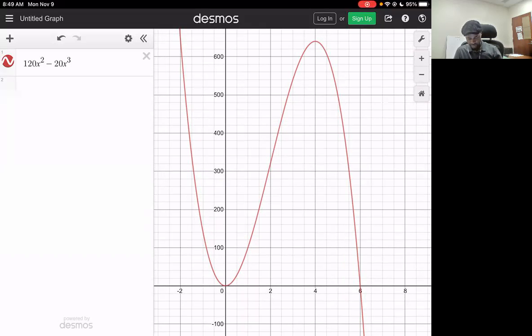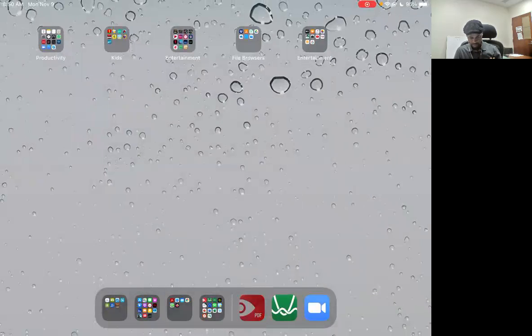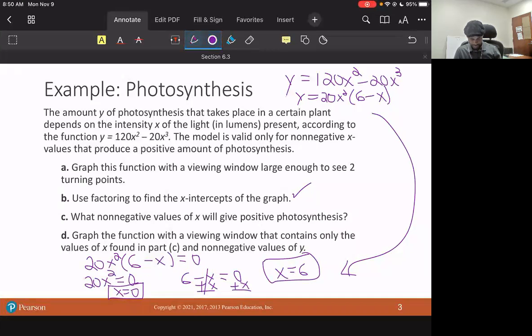If I click on this graph, there's one of my x-intercepts, (0, 0). My second x-intercept, (6, 0). My max value, (4, 640). So now go back. We have our graph, and it says non-negative values of x will give positive photosynthesis.